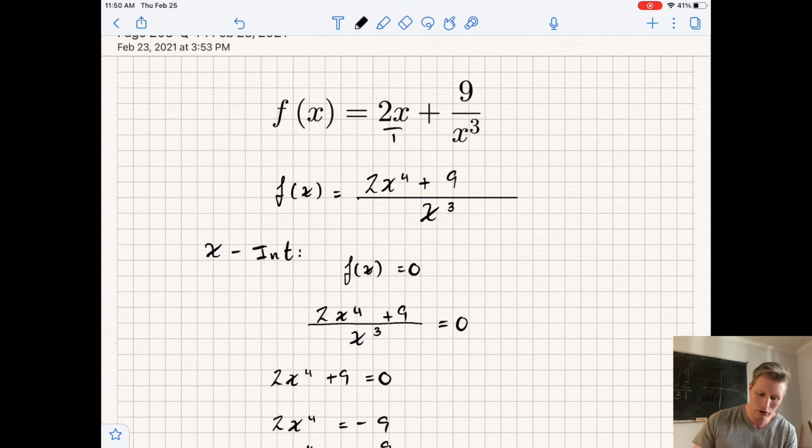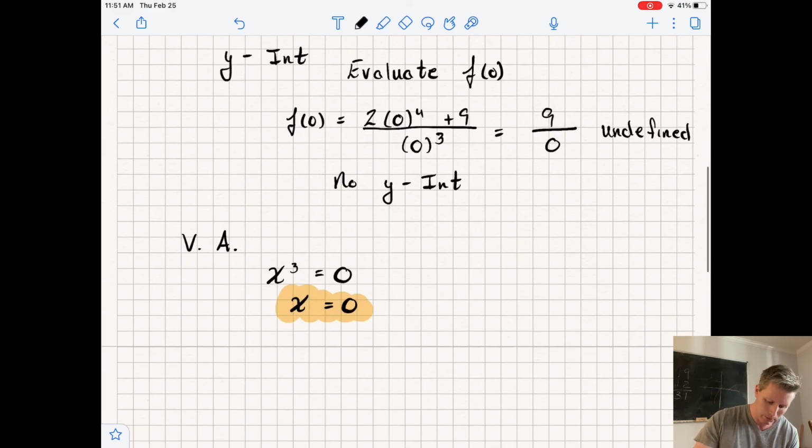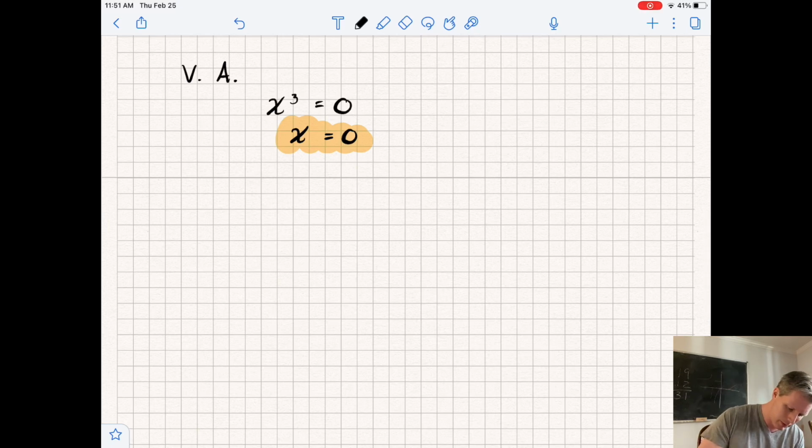That tells me I'm going to have an oblique asymptote, specifically the fact that the difference is 1, right? The degree is 1 larger in the numerator than in the denominator. To find that oblique asymptote, I'm going to divide my denominator into my numerator. So let me just do that.